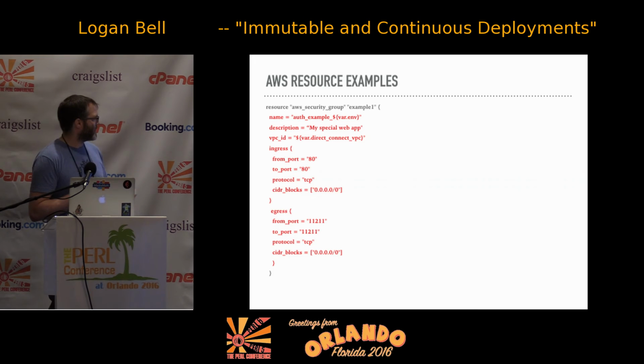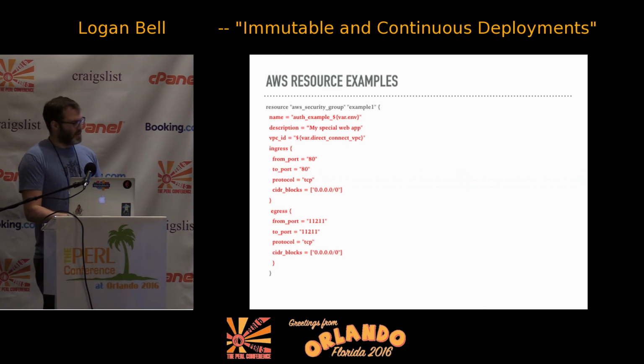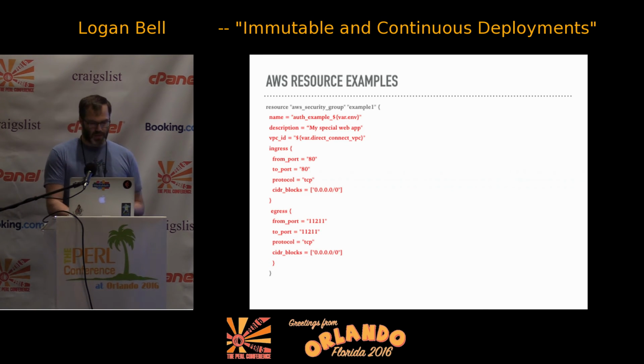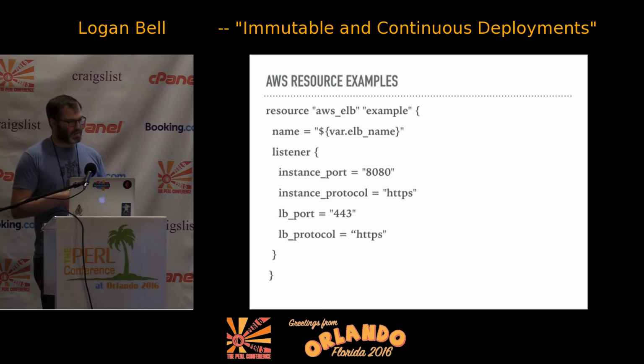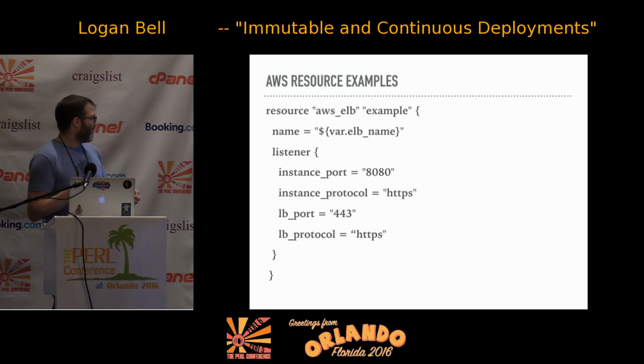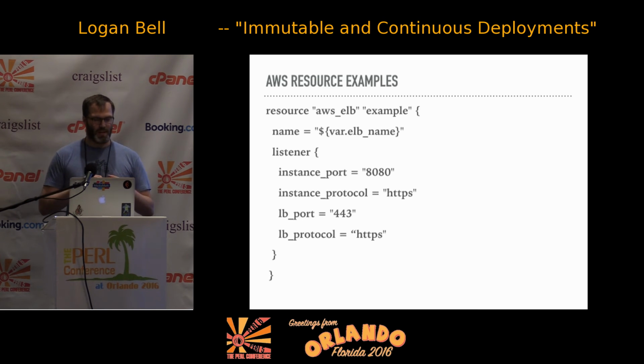In Amazon, a security group is important to set up your ingress and egress rules. In this particular one, we're accepting traffic on port 80, and we're allowing traffic out on 112.1.1. Here's an example of setting up an elastic load balancer, which is just a load balancer. We accept traffic on port 443, and our instances are running on 8080.